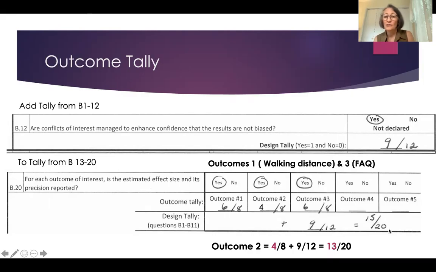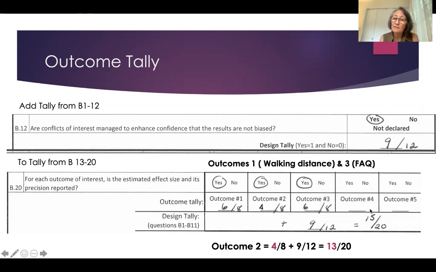potential answers. But for our up and down stairs, our second outcome measure, remember that there was no reliability and validity established in the literature or in any way. And so they're 2 points lower. And so the 4 plus 8 and the 9 over the 12 gets you to 13 over 20 possible yeses.